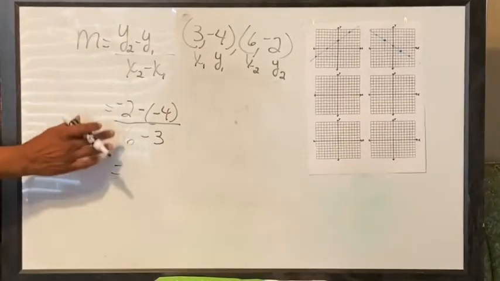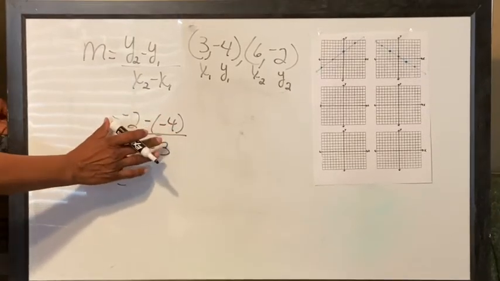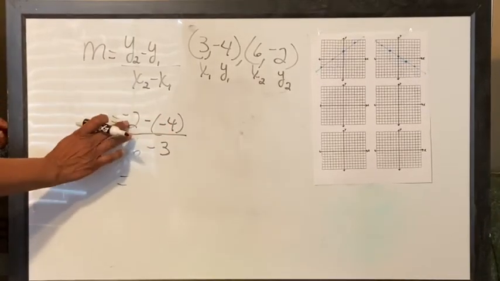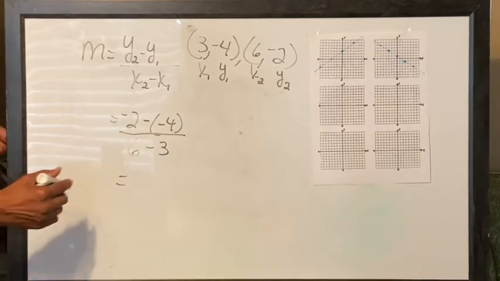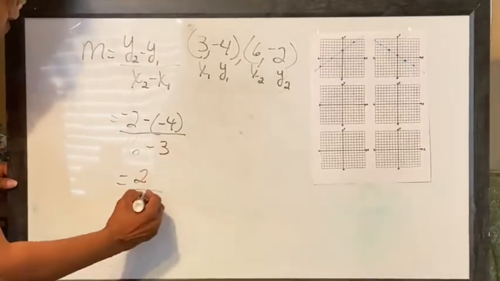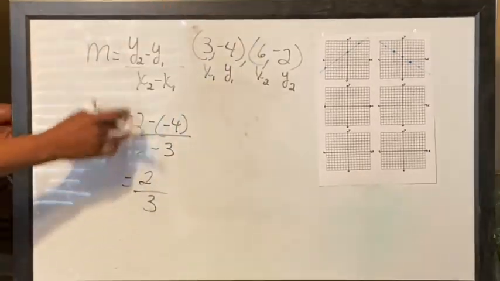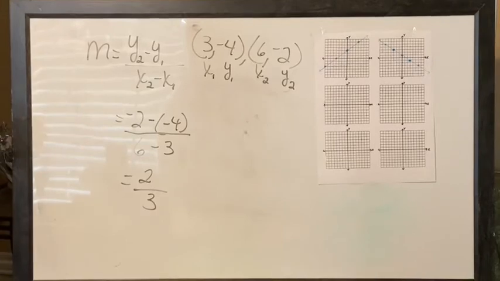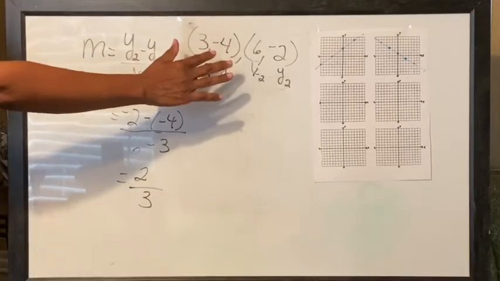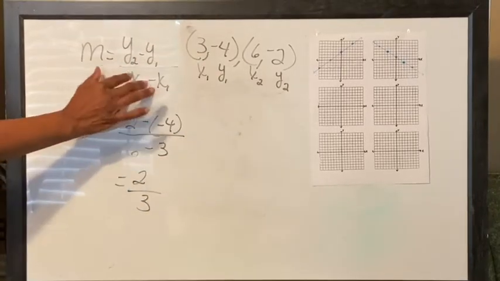This is where we've got to go back and know our rules for our operations with our rational numbers, okay? A negative 2 minus a negative 4 will give you a positive 2, and 6 minus 3 would give you 3. So that means that this particular line would have a slope of 2/3. That is when you're given 2 points and you want to find the slope, you can use this fancy formula.